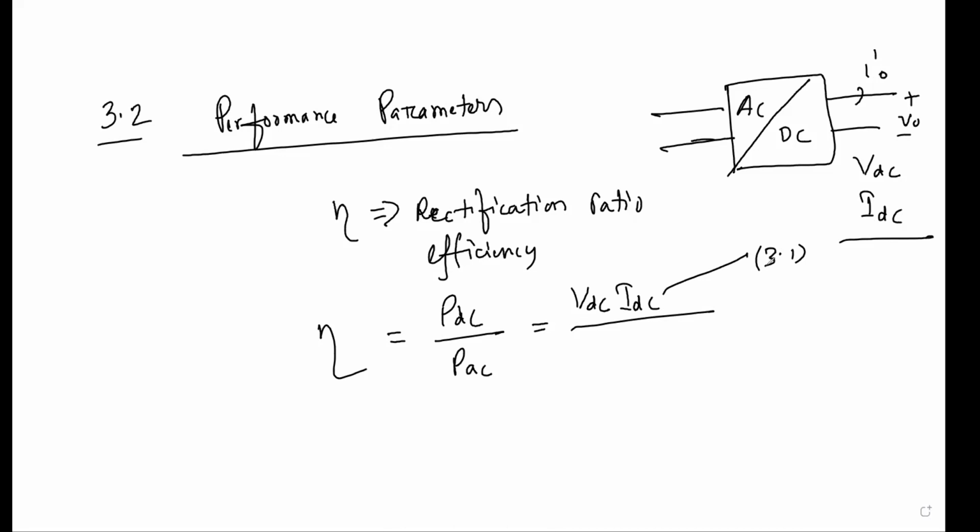And the RMS value of the output voltage, as I mentioned, if it is non-sinusoidal like this, you can find out the RMS value of the output voltage. This is your RMS value of the output voltage. This is the RMS value of the output current.